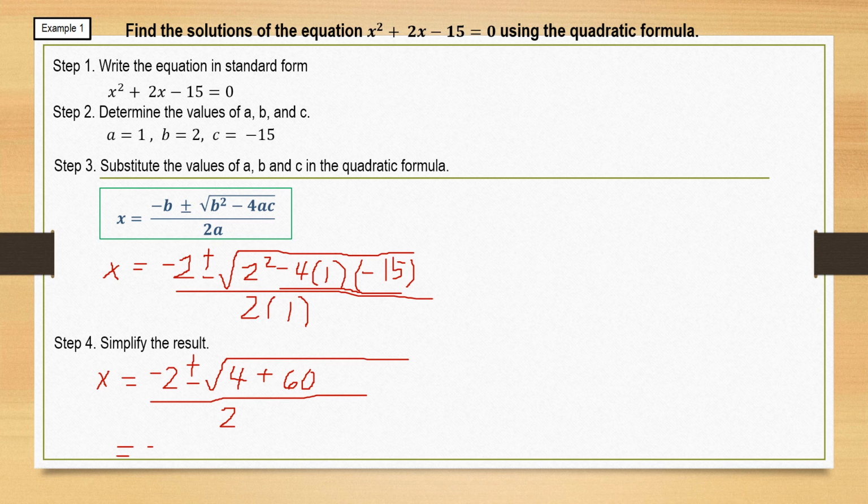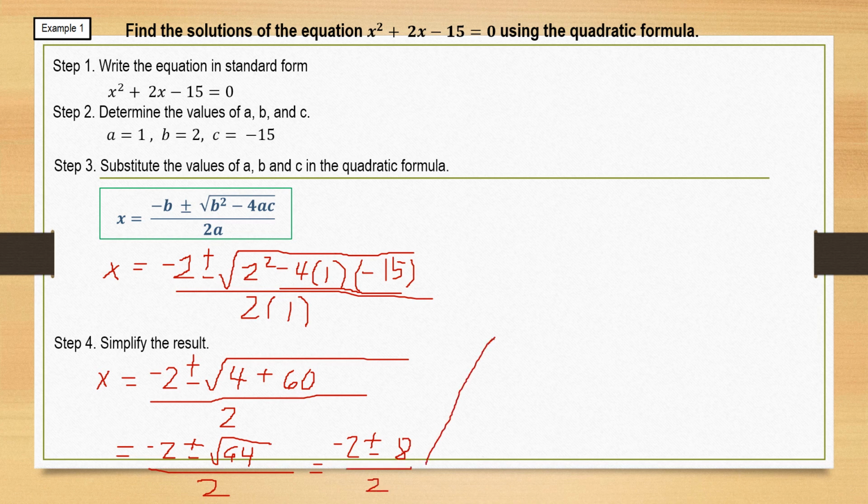So we have negative 2 plus or minus the square root of 4 plus 60, which is 64, all over 2. Next, we have negative 2 plus or minus the square root of 64, which is 8, all over 2.